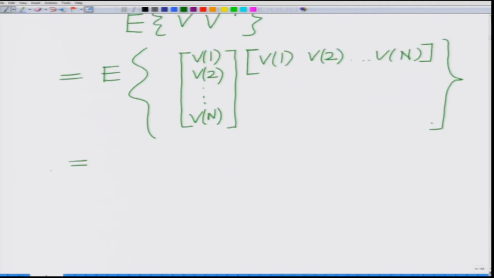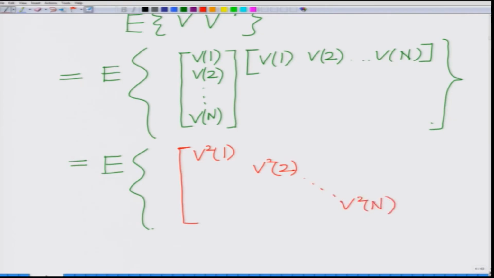If you now multiply this column vector by row vector, what you will get is the expected value of V1 square on the diagonal, you will get all the square elements V1 square, V2 square, and so on up to Vn square.